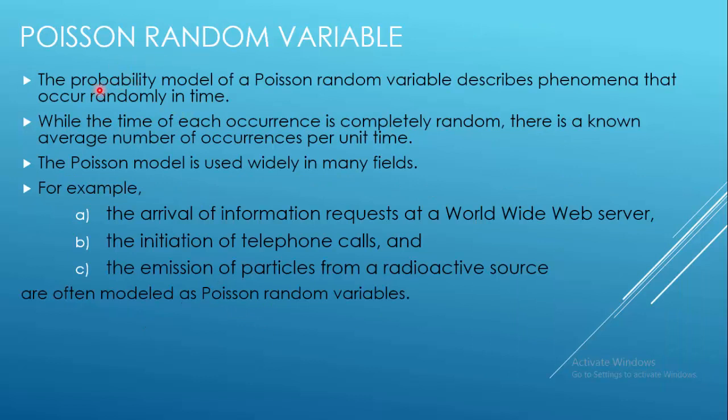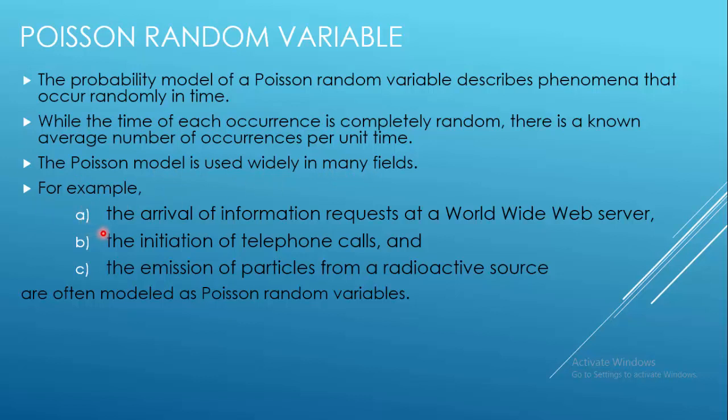Poisson random variable. The probability model of a Poisson random variable describes phenomena that occur randomly in time. While the time of each occurrence is completely random, there is a known average number of occurrences per unit time. The Poisson model is widely used in many fields.